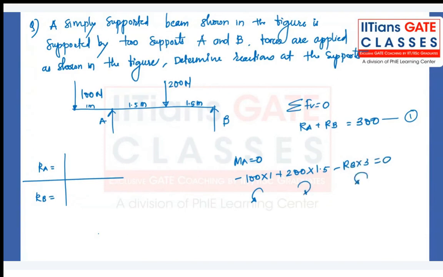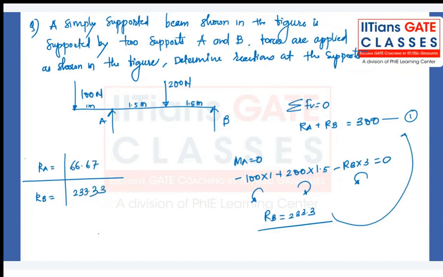So from this equation, you will get the value of RB. RB is 233.3. If you put this value in the first equation, you'll get the value of RA, that is 66.67. I hope it is clear.